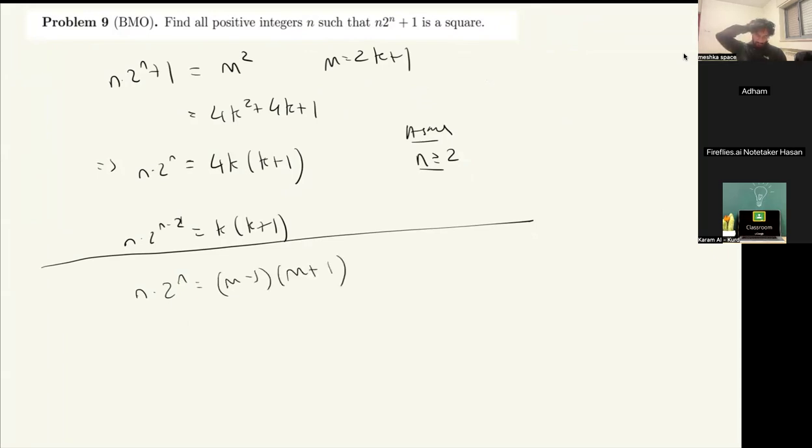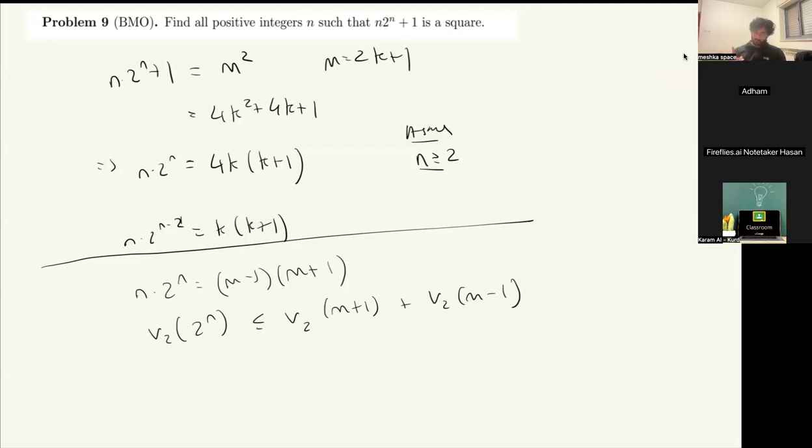And so we can conclude that the valuation of 2 to the n is less than or equal to the valuation of m plus 1 plus the valuation of m minus 1, the valuation mod 2 I mean. And one of these two valuations must be 1. We can take the two cases and maybe we could have a beautiful inequality.